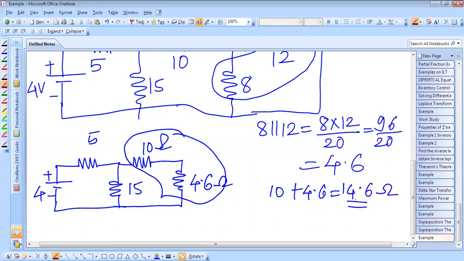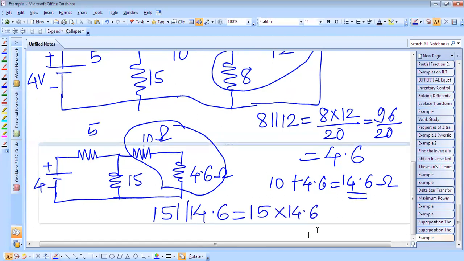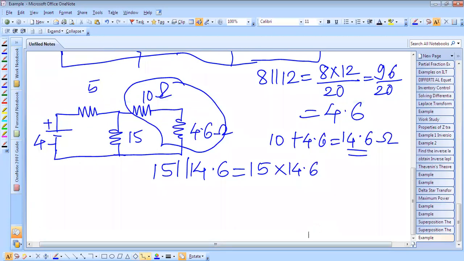And this 14.6 will be in parallel with this 15. So 15 in parallel with 14.6 is 15 into 14.6 divided by 15 plus 14.6, and we have to find this value.